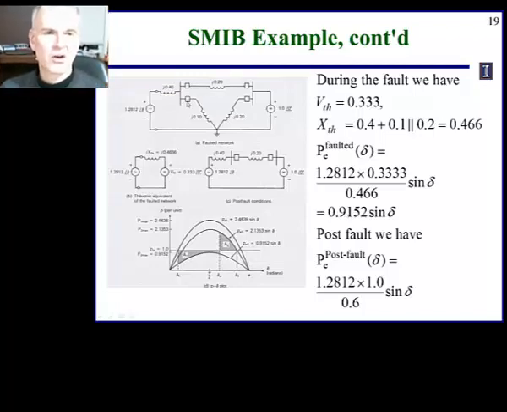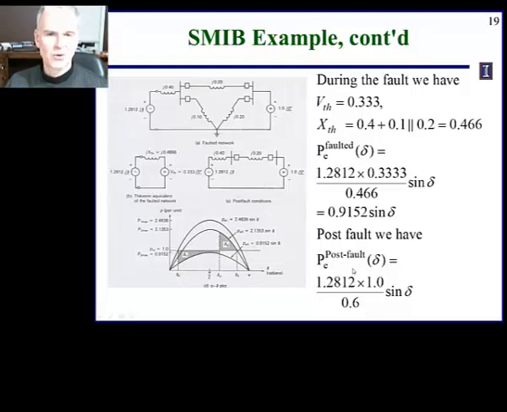We again clear the fault by opening these two breakers right here, and then we go to our post-fault system, in which again our Thevenin voltage is 1 per unit, internal voltage magnitude stays fixed, and now we've got J0.4 in series with just this impedance, so our net X here is 0.6.